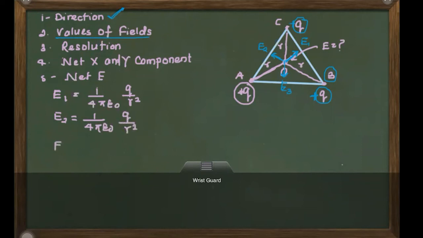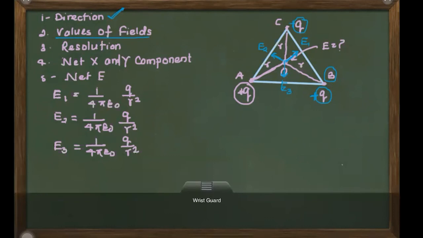Now E3 is what? The same way here, 1 upon 4 pi epsilon naught q divided by r square. So you can see here all the three values of the electric fields are same, but their directions are different.